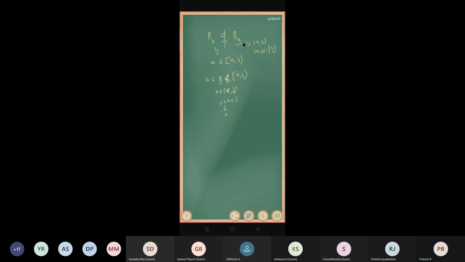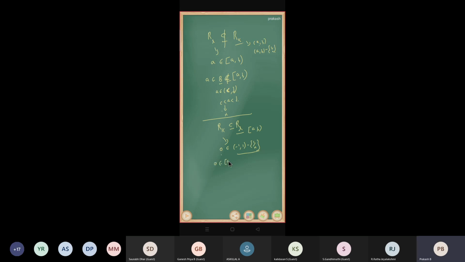Similarly, we are going to do the converse part. This is the same as what we did for RK subset of R, right? That means we are going to take an element minus 1 comma 1 minus 1 by n, and 0 is an element of this one, right? Now we have to find a basis element from RL, that is closed open A comma B, which must contain 0.